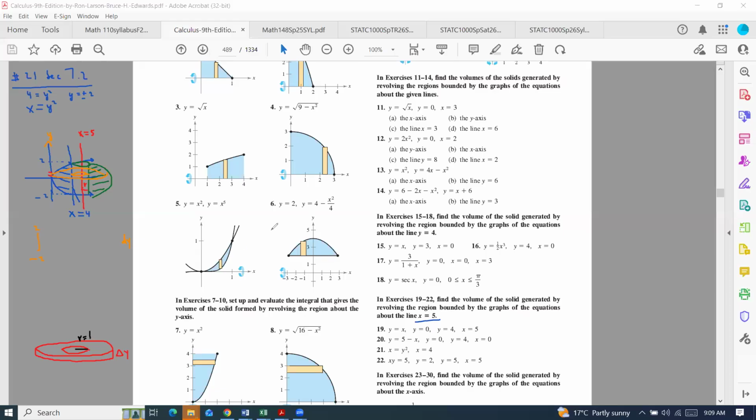And then the big radius, capital R, will change. I'm going to use the black one. Capital R will be very well visible here, right? And it changes because it varies.